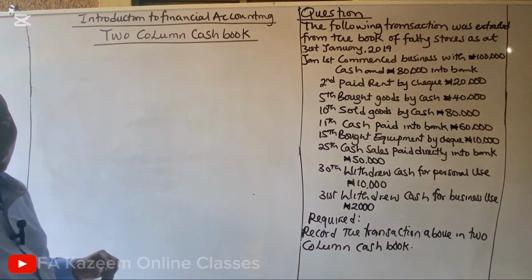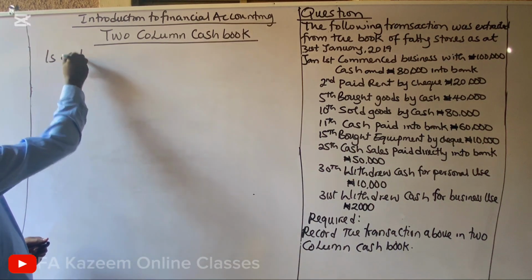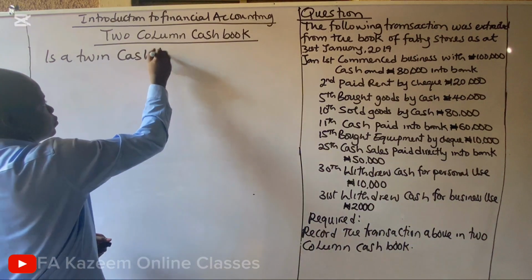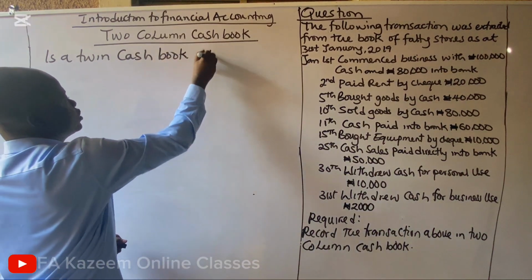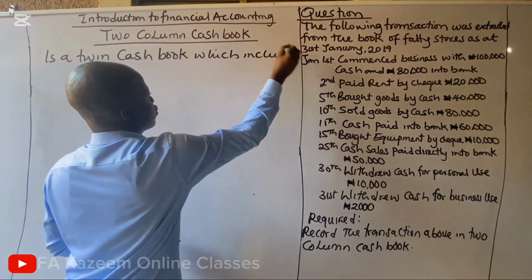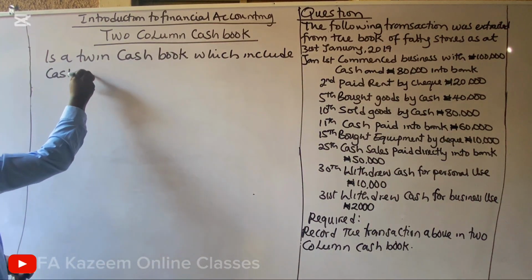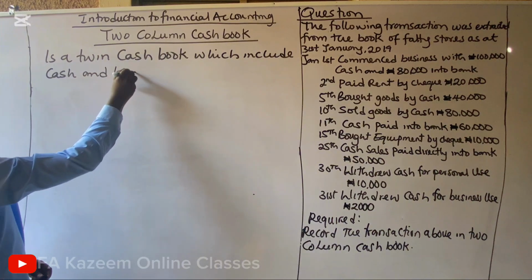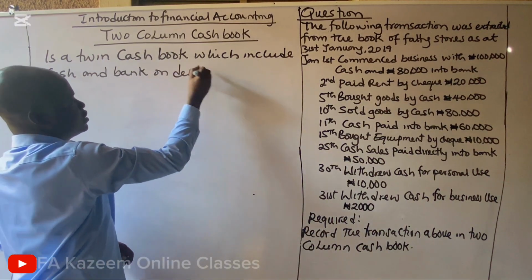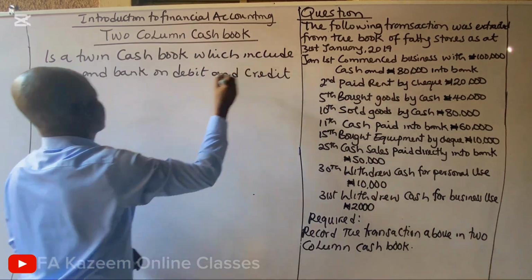And the next thing is, what is two column cashbook? Two column cashbook is a twin cashbook which includes cash and bank on the debit and credit side.